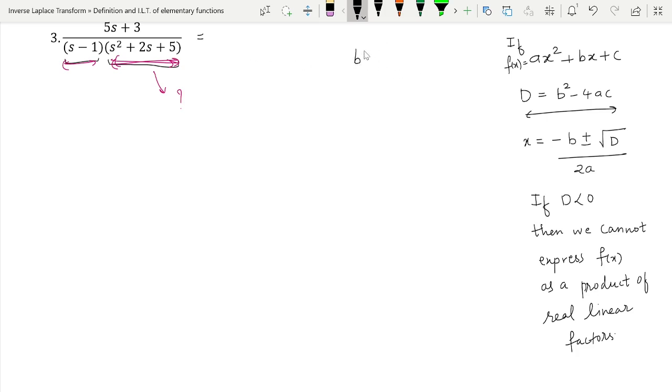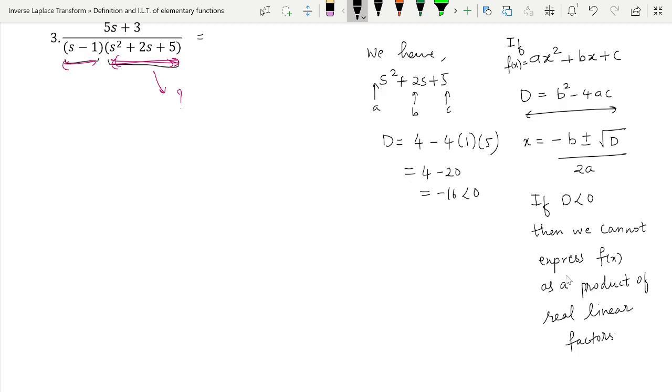Our quadratic polynomial is s square plus 2s plus 5. So this is our b and this is our c, and the value of a is 1. So my d will be 4 minus 4 multiplied by 1 multiplied by 5, that is 4 minus 20, which is minus 16, which is less than 0. So we cannot express it as a product of real linear factors.